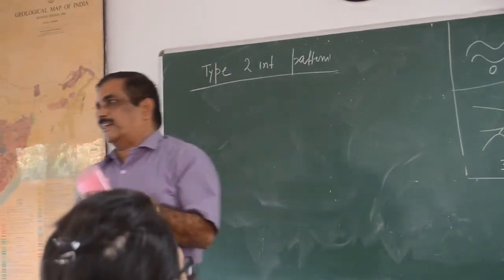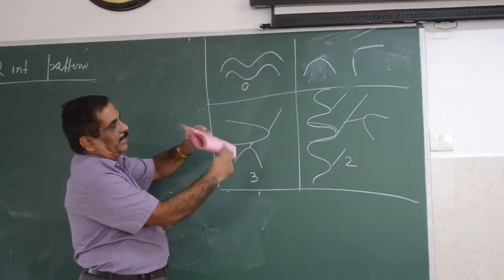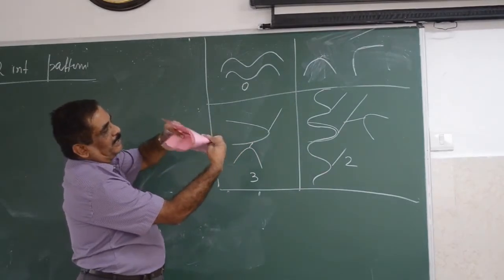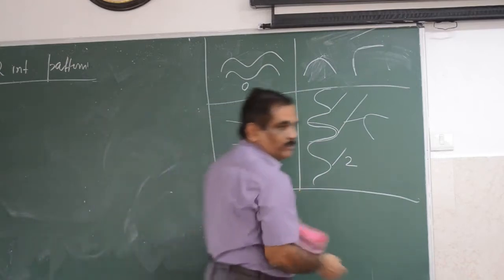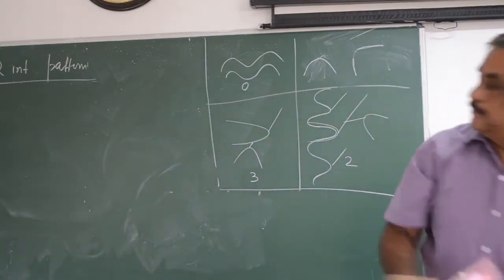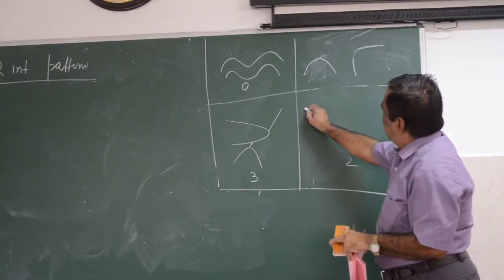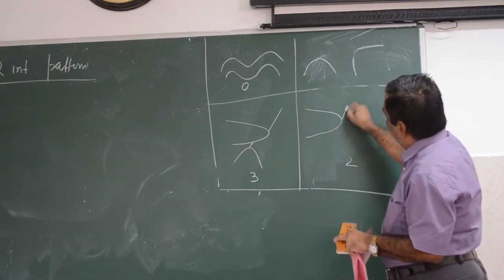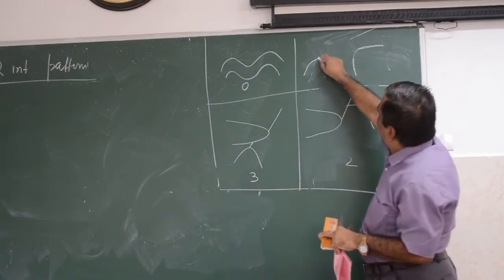You understand this part, na? How it is happening. So you have a recumbent fold, and over that you are putting another upright fold across it. That is why I have written this diagram. Single fold is always good, like this, F1 fold, and the other fold is across it.